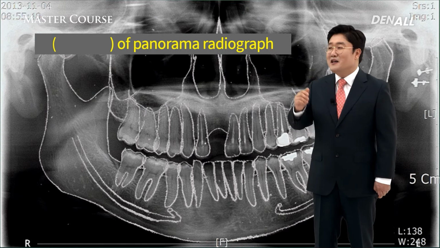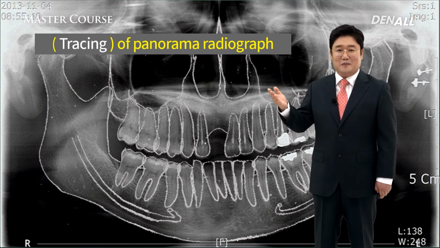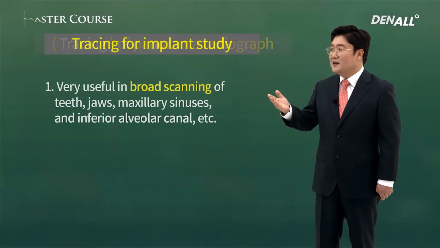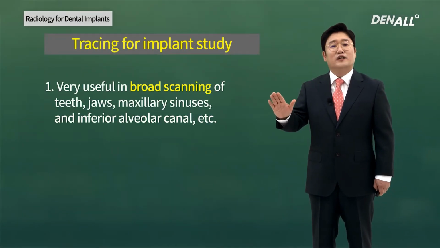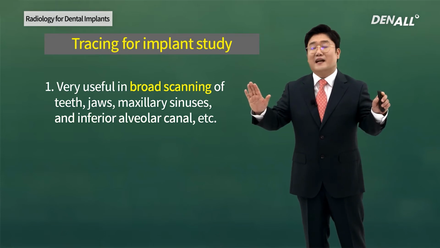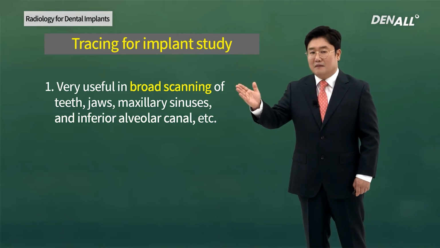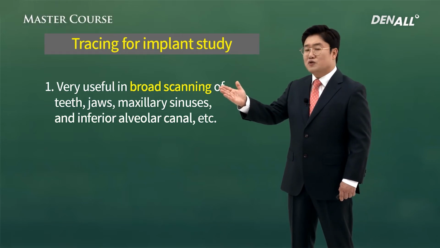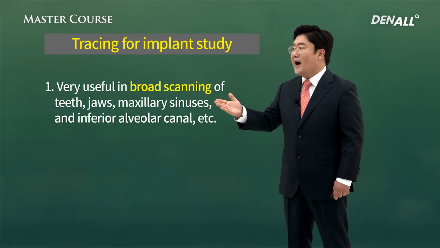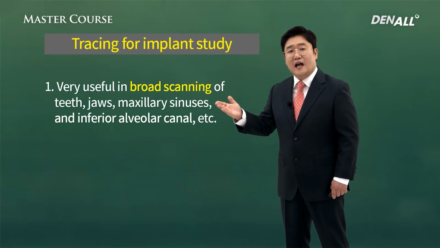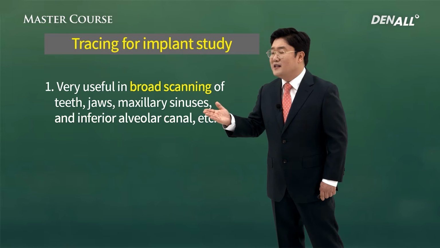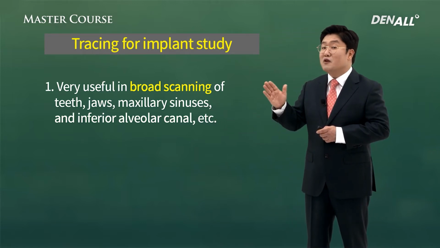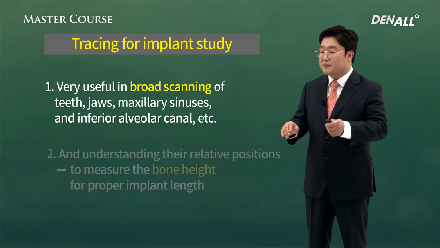It's called tracing of panorama radiograph. Through the tracing process, through broad scanning results from panorama, we could identify teeth, jaws, maxillary sinuses, and inferior alveolar canal. The locations were identified, or relative relations were identified as well.